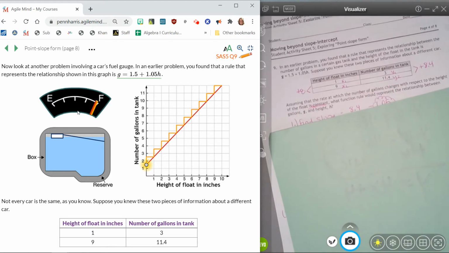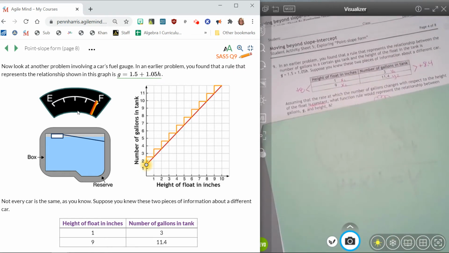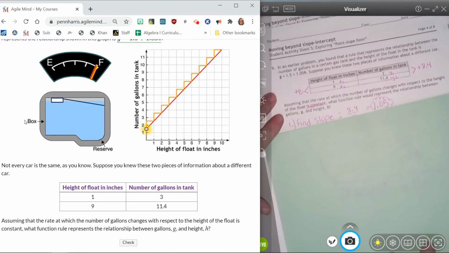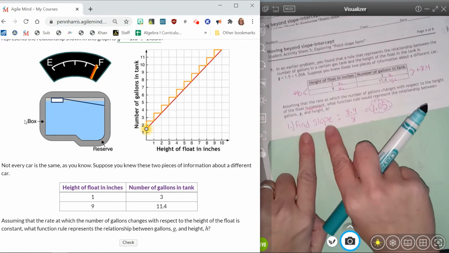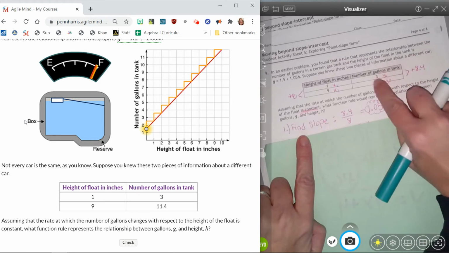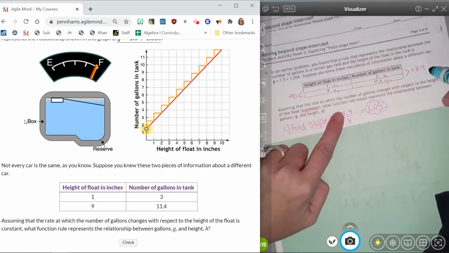Okay. So they want to know what rule is going to represent this relationship here. The first thing that we need to do here is find the slope. So what I did is I found my change in y's. From 3 to 11.4, it had an increase of 8.4.